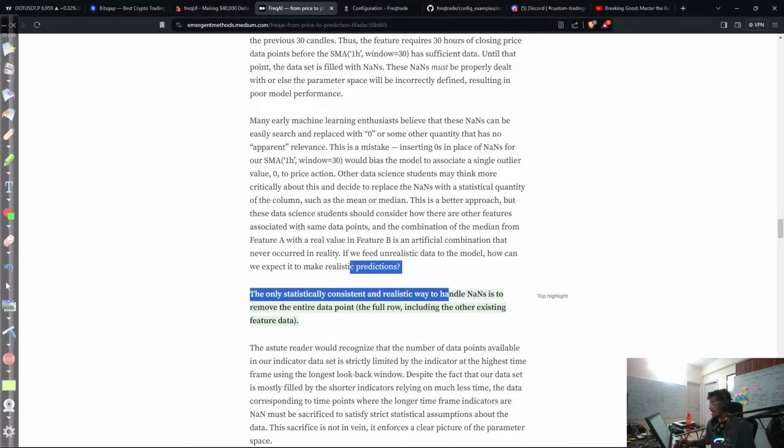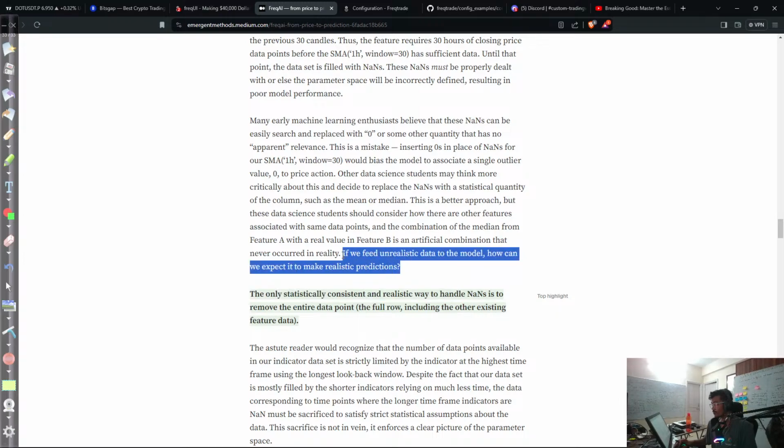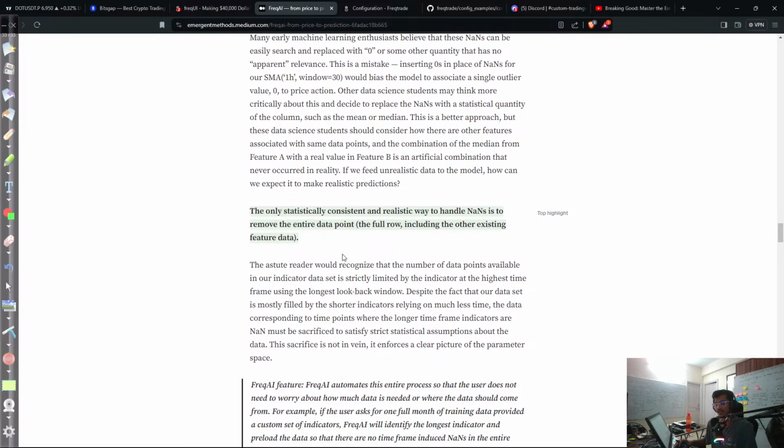That's why we have to focus more on data than the model. If you have been working with FreqAI for a long time, you know that we use the same model for pretty much every feature engineering set that we have. The model stays the same. The only things we are changing are the features and hyperparameter optimization. That's the second thing.